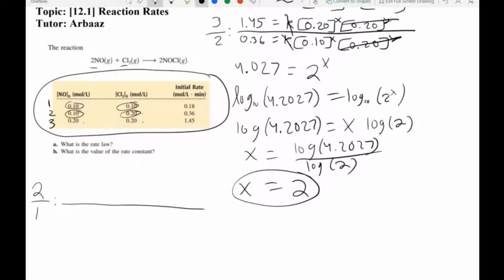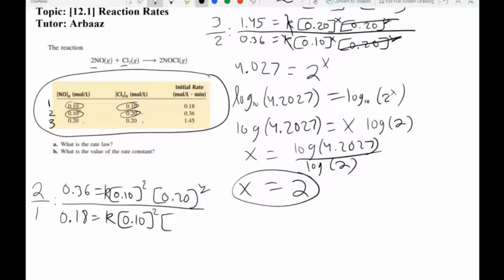So 0.36, the rate, equals k times 0.1 to the x, and in this case we have the x, so we can just plug in 2 for the x. The y is 0.20 divided by 0.18 equals the rate constant, 0.10 to the 2 power times 0.10 to the y.